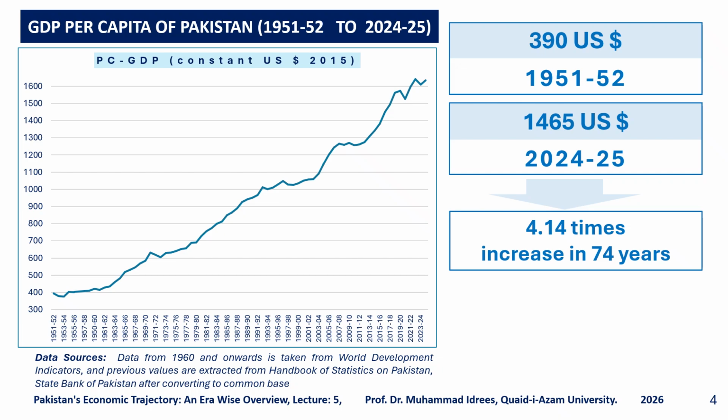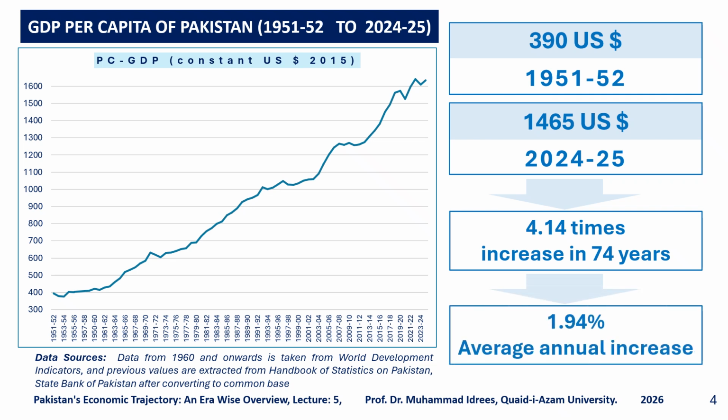This indicates that during the last 74 years, the real GDP per capita of Pakistan increased by 4.14 times. This implies that the average annual increase in per capita GDP of Pakistan during the last 74 years was 1.94. So the average annual increase in GDP per capita of Pakistan was 1.94% during the last 74 years.